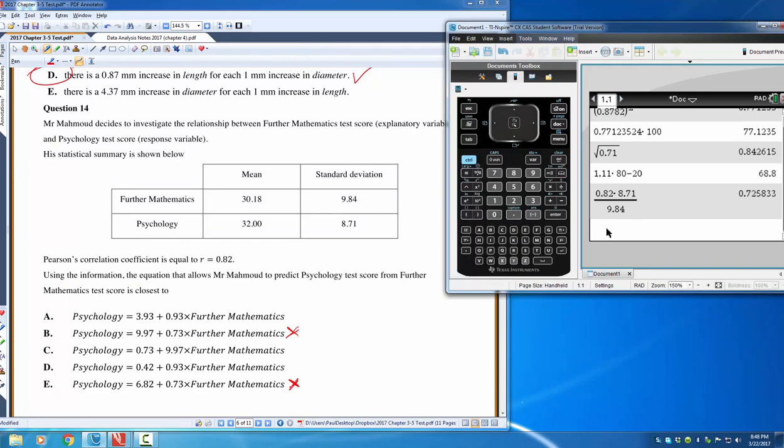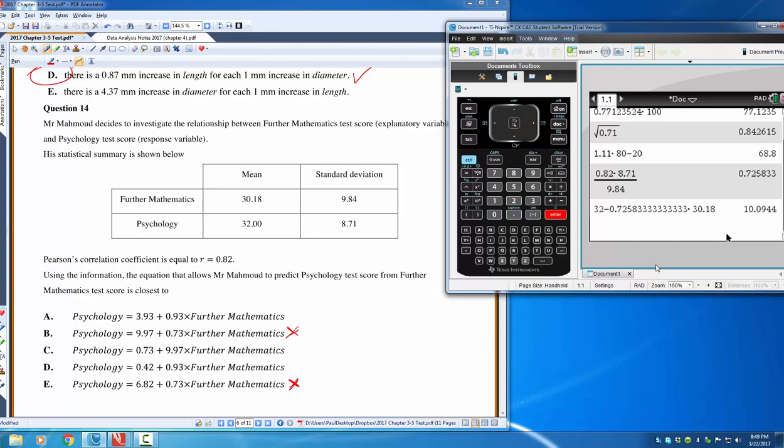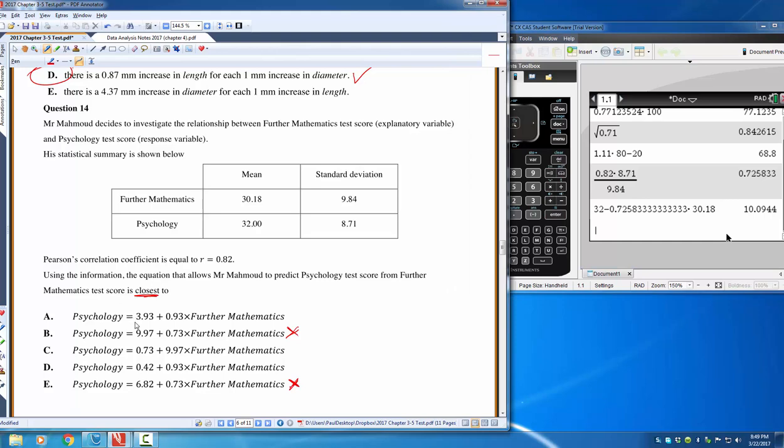We've got the mean of the y values, which is 32, subtracted from the answer, because that's the b value, multiplied by the mean of the x values, that was 30.18, 10 points there. Okay, so closest to is the thing, so that's our answer, B.